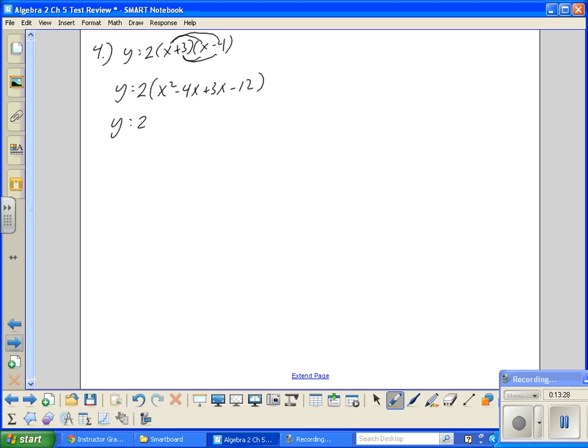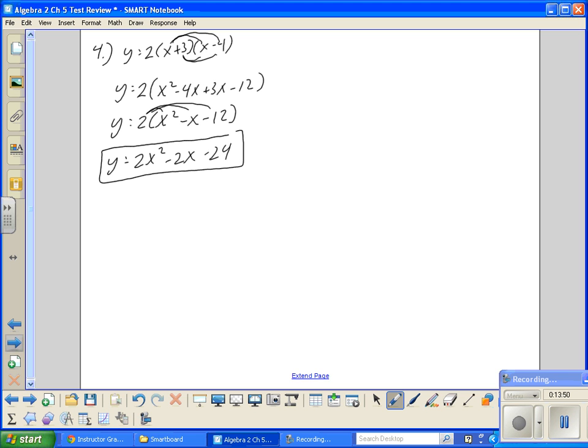So that's 2 times x squared minus x minus 12. To get it in standard form, I distribute that 2 from the outside. So we get y equals 2x squared minus 2x minus 24. Standard form.